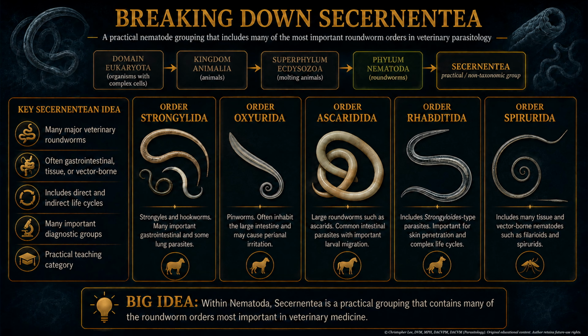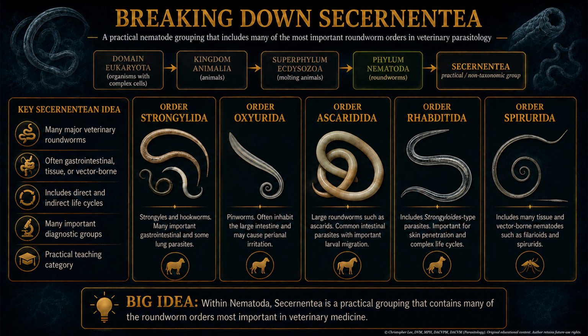Strongylida includes strongyles and hookworms, with many gastrointestinal and some lung parasites. Oxyurida includes pinworms, very important in horses. Ascaridida includes large roundworms, such as ascarids, many of which have important larval migration patterns.